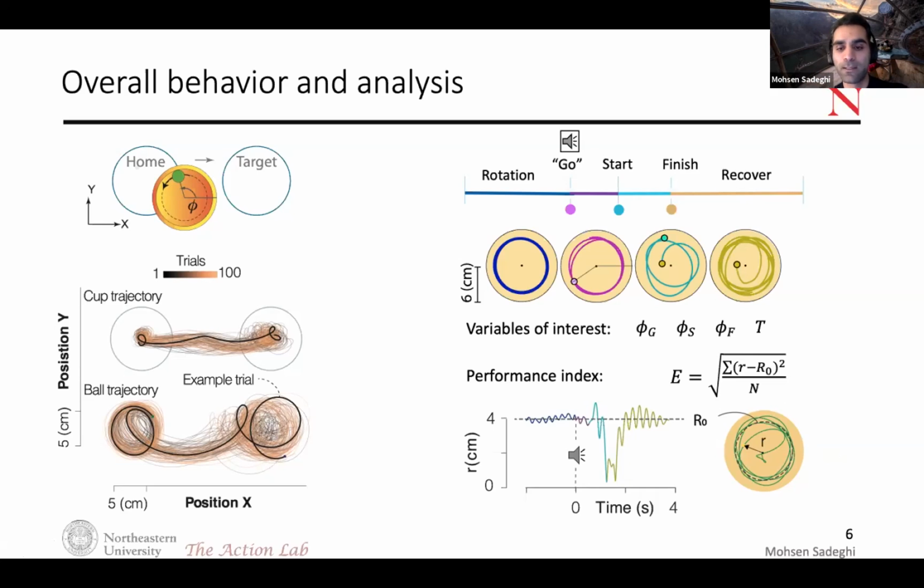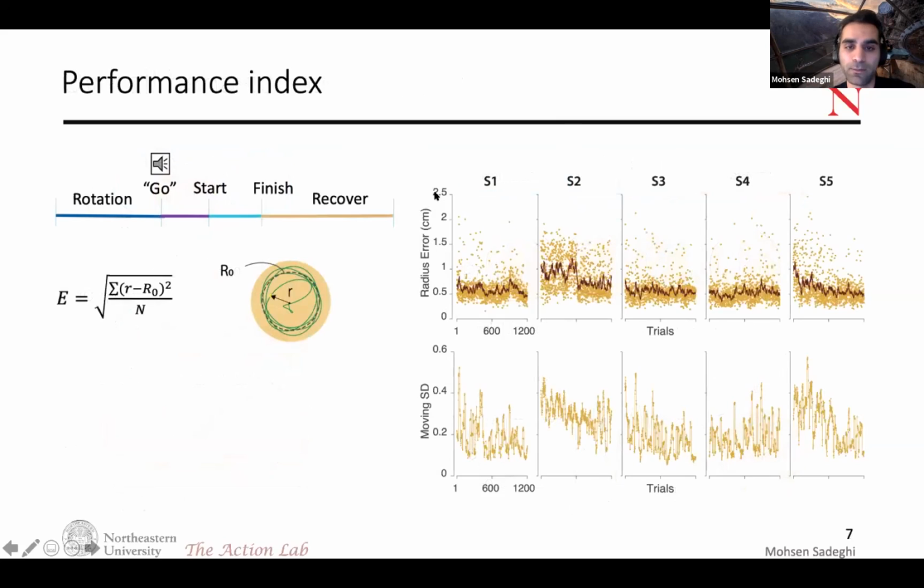If we look at this sort of error for each subject here, on the vertical axis I'm plotting this error across the trials. Each dot is one single trial, and the solid line is a running average with a 20 trial window. Three of the subjects, 1, 3, and 4, show very stable performance, so there's no change in the performance index.